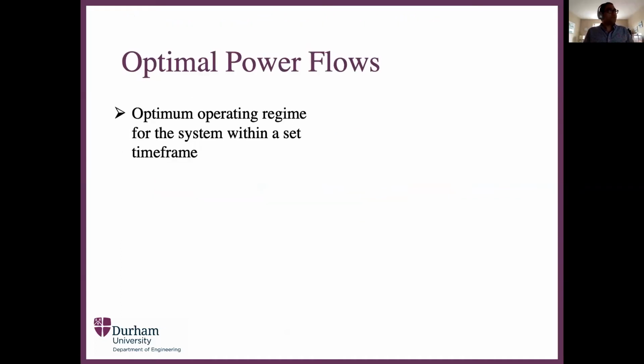So yes, operators mostly use it to generate an optimum operating regime, which is basically a schedule of all the generators and how much power they need to provide for the system to continue in stable operation and remain economical for all the operators.